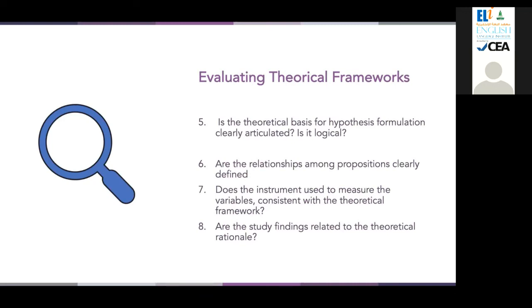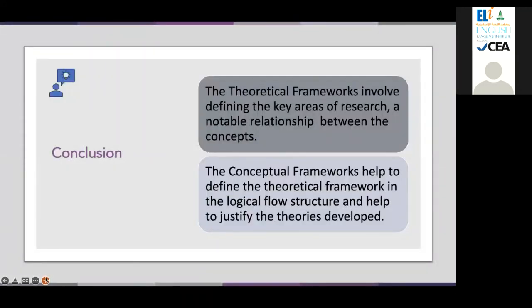You have to make sure that the theory you chose actually goes in line with the measure of the variables. And finally, are the study findings related to the theoretical rationale? So these are important questions to evaluate the selection of the theory.